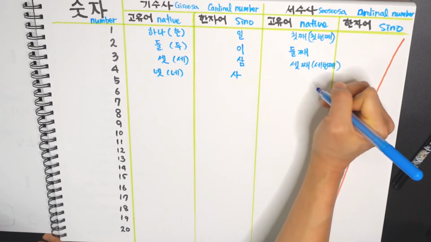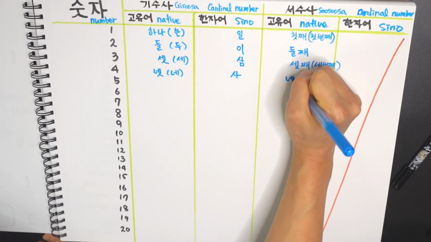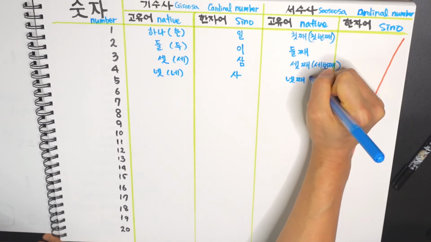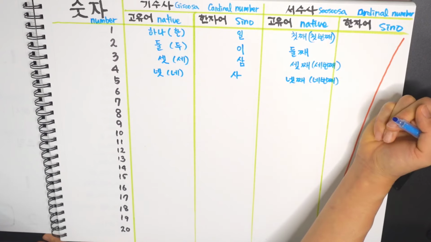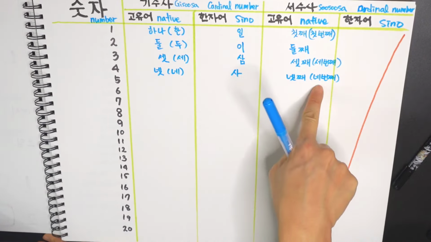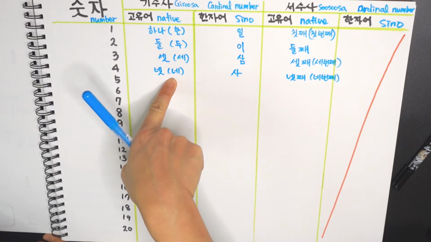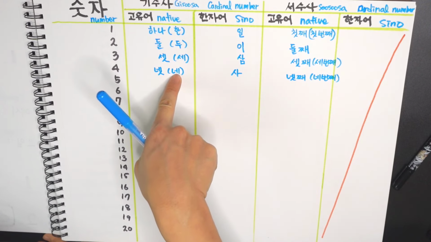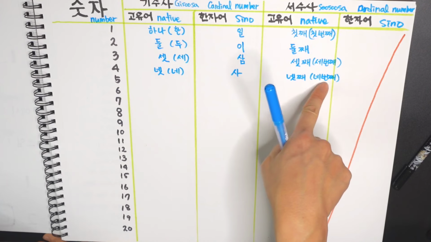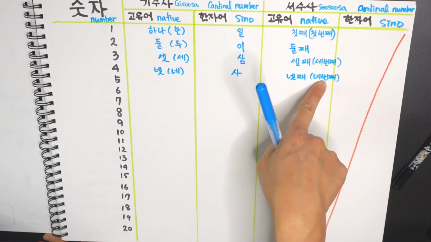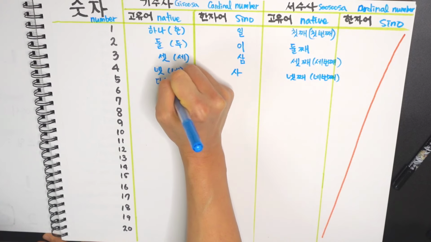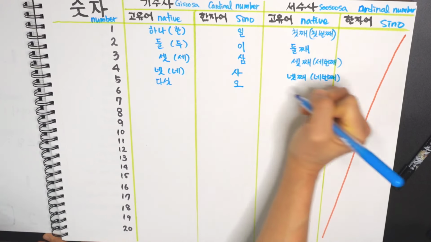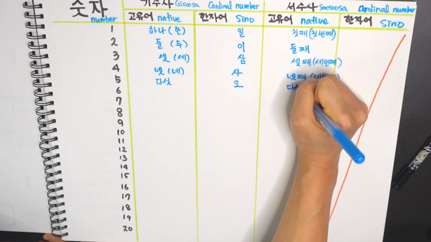And 사. And we have 넷째 or 네 번째. Okay, so in the bracket and in the bracket, we are using 네 right there as well. Okay, so number 5, we have 다섯. And we have 오. And here is 다섯째.